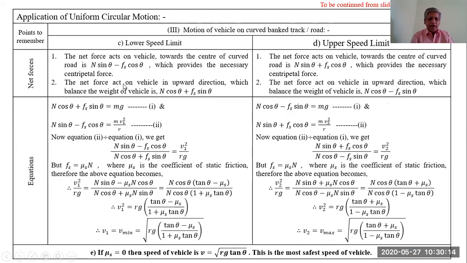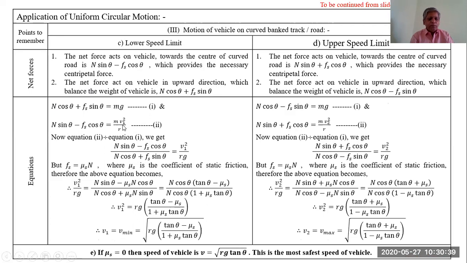The net force acting on the vehicle in the upward direction, which balances the weight of the vehicle, is N cos theta plus Fs sin theta. That can be written in equation form like this: N cos theta plus Fs sin theta is equal to mg, and N sin theta minus Fs cos theta is equal to the centripetal force.